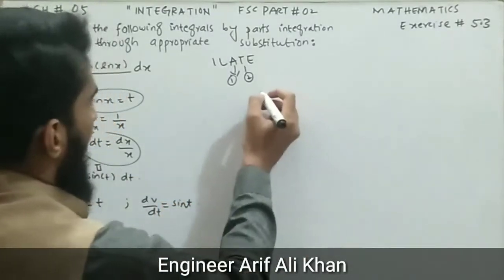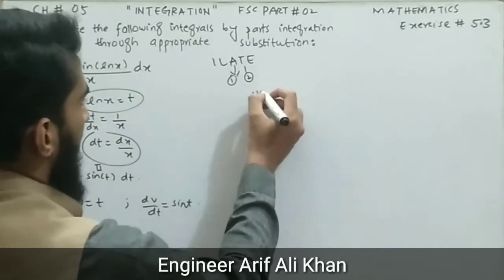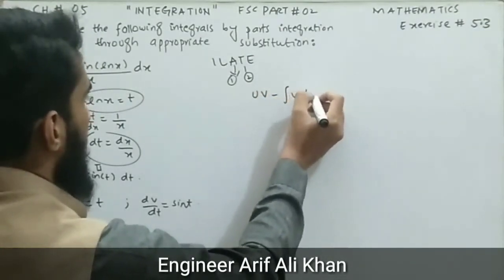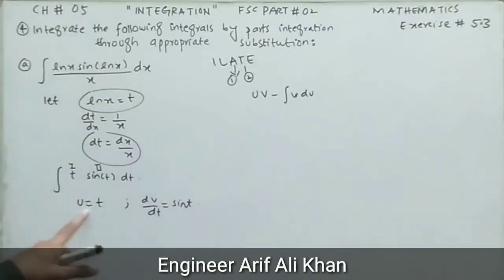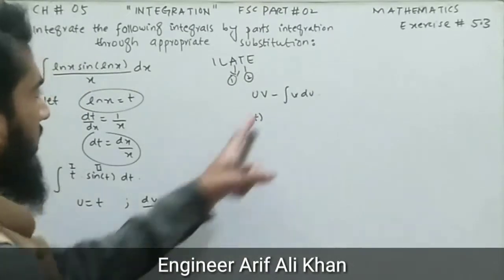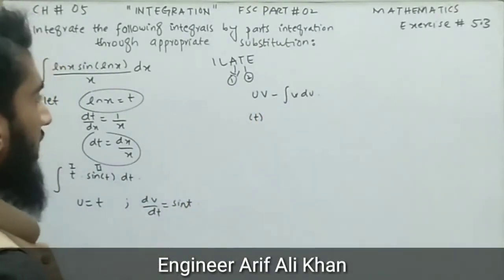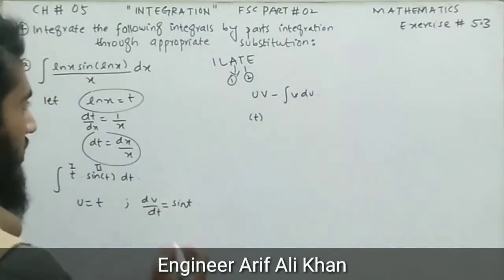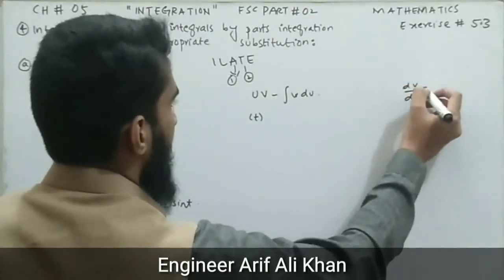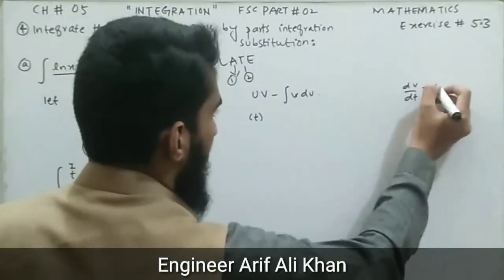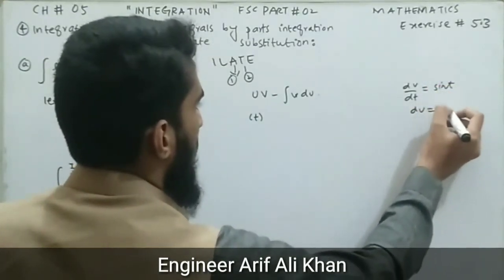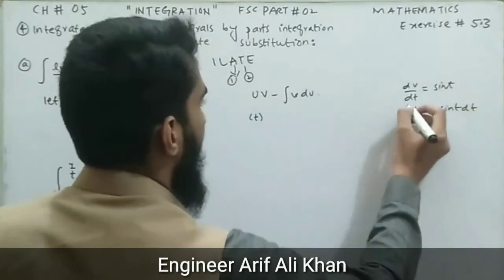Now we have the formula for integration by parts, that is equal to uv minus integral of v du. So over here our u is equal to t, so putting t over here. Now we need the value of v, so from over here we can get the value of v easily. So over here dv by dt is equal to sine t. So shift dt on the right hand side, it becomes dv is equal to sine t dt. Integrate both sides.